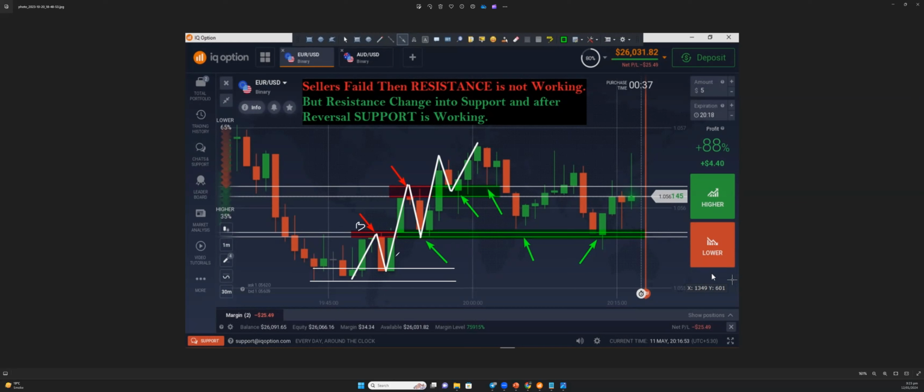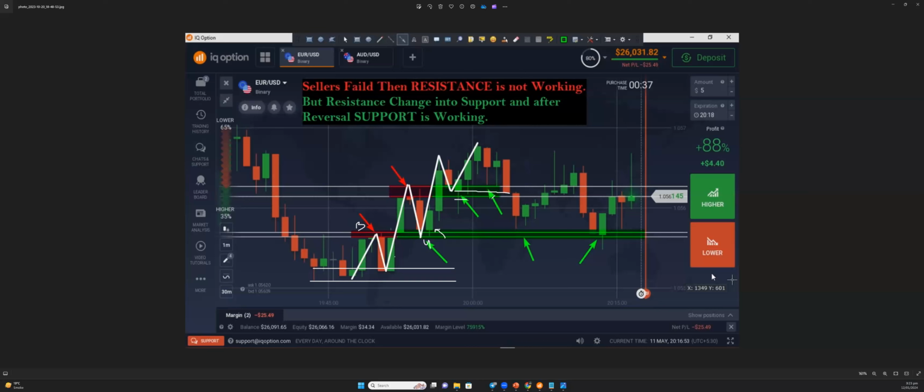Number 4, you identified that the buyers stopped at the level, it did not work, and it turns into support. Resistance becomes support. Number 5, sellers again close on this support, and then what will we think? We will think that we need to go for the buy. Okay, so same thing here.